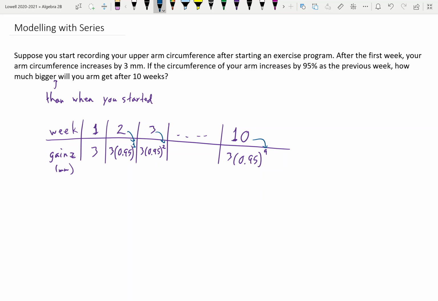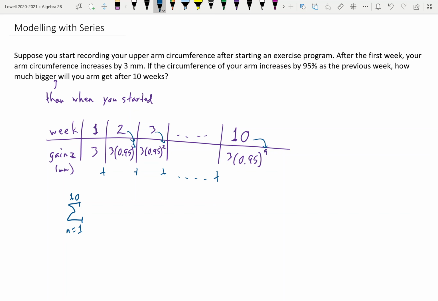So what are we actually calculating? First off, we need to see what type of series this is. We're trying to add all these up, plus, plus, plus, all the way through. So we are evaluating a partial sum of a series, from, let's say, n equals 1 to 10. There's no reason to make it anything else, just to keep it nice and simple.